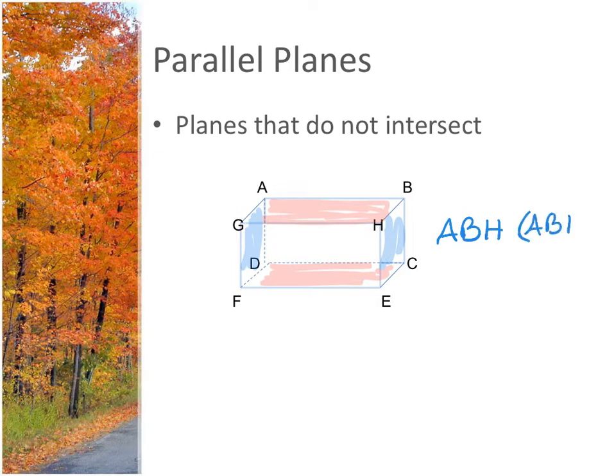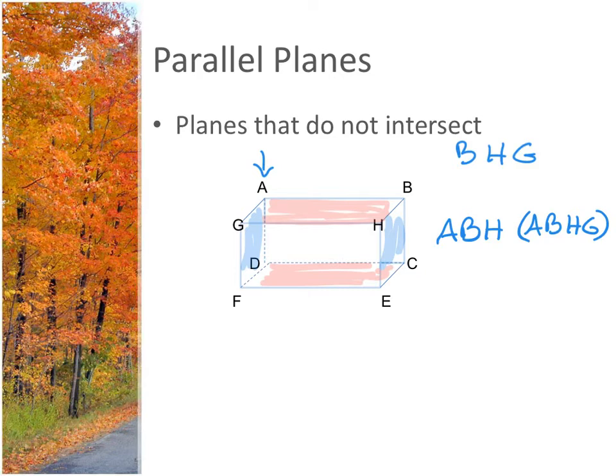I could call it ABHG. Just pick a starting point and then go around. I could have started anywhere on this one. For example, I could have started at B and said BHG. It doesn't matter as long as you just go around the edges in order.